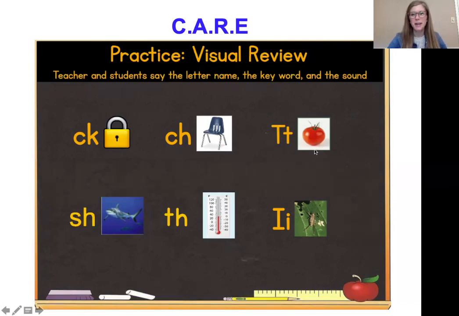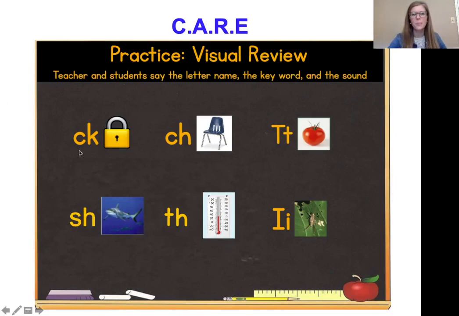T, tomato, t. SH, shark, sh. TH, thermometer, th. I, insect, it.